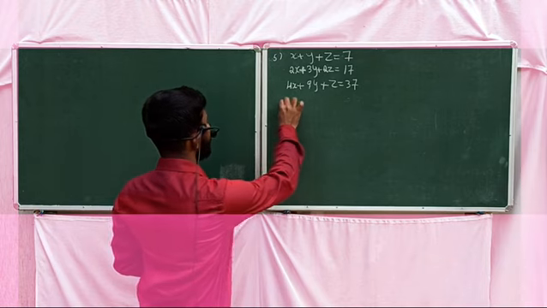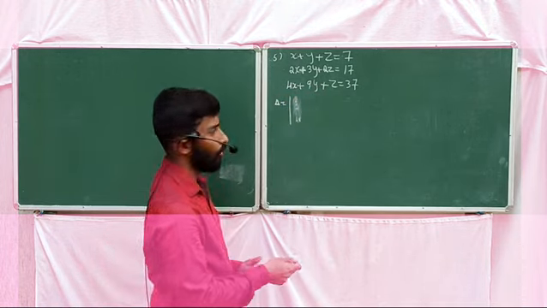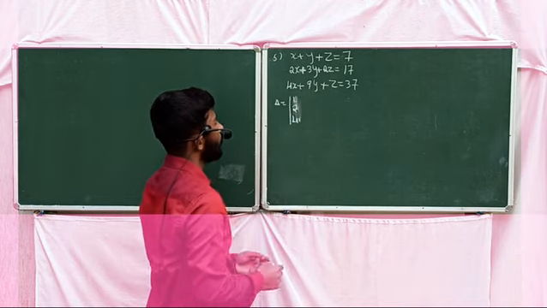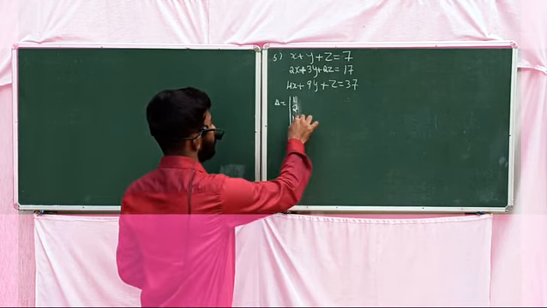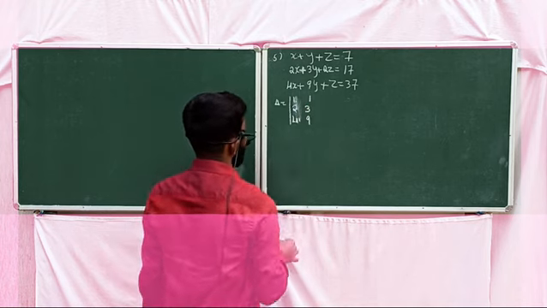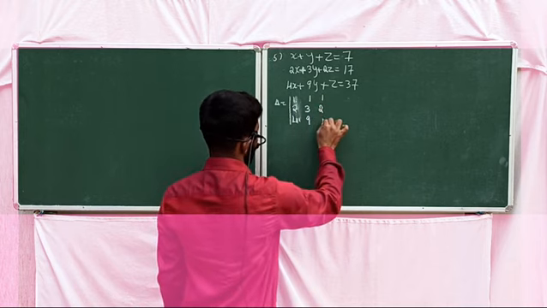First, write delta is equal to variables of x in column 1, that is 1, 2, 4; variables of y in column 2, 1, 3, 9; and variables of z in column 3, 1, 2, 1.